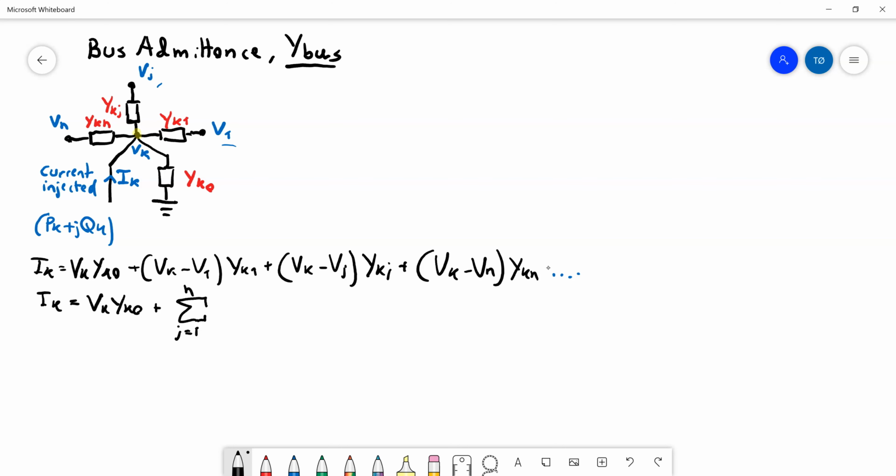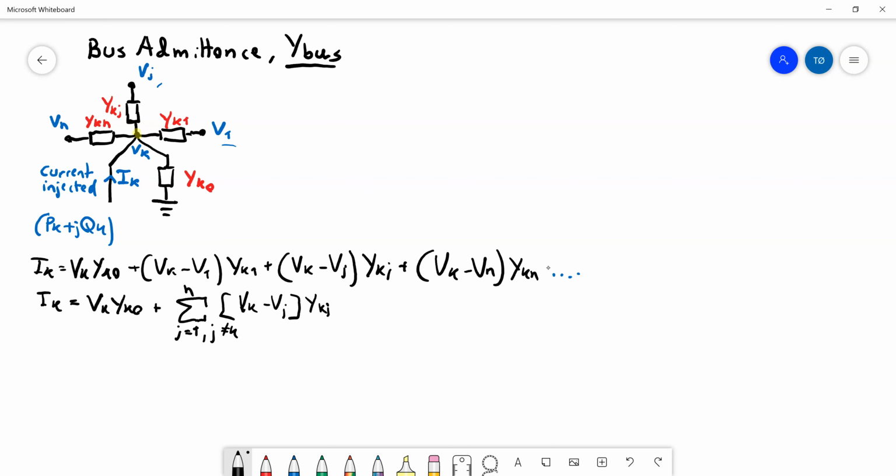This is 1, and J cannot be K. Then we have a parenthesis, and then VK minus VJ, and then the admittance YKJ, like this.